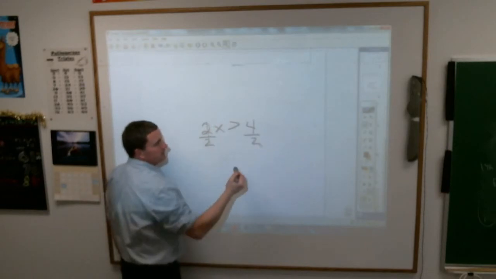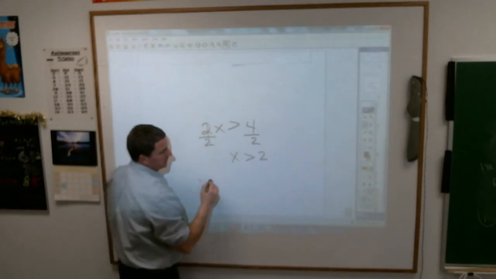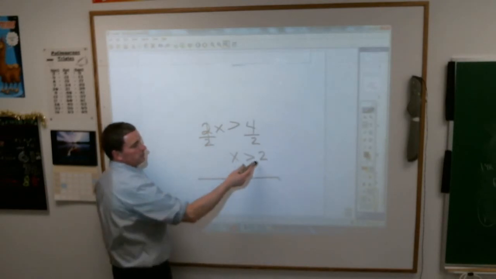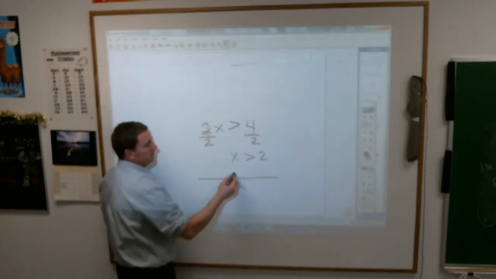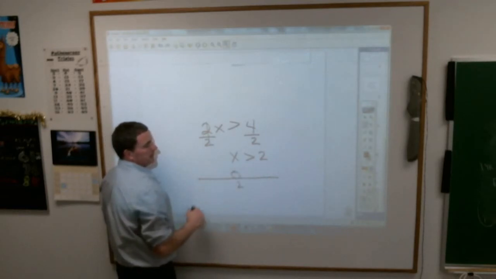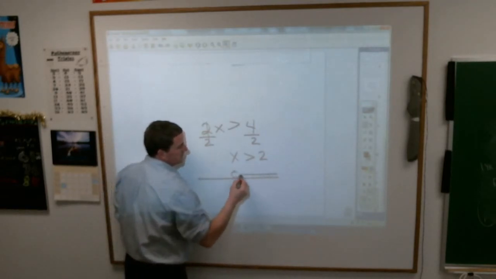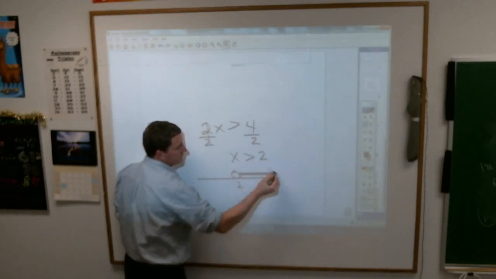So x is greater than 2. Is it an open circle or a closed circle at 2? Open, because there's no equal sign. Which way does the line go? This way, because it's all numbers greater than 2.